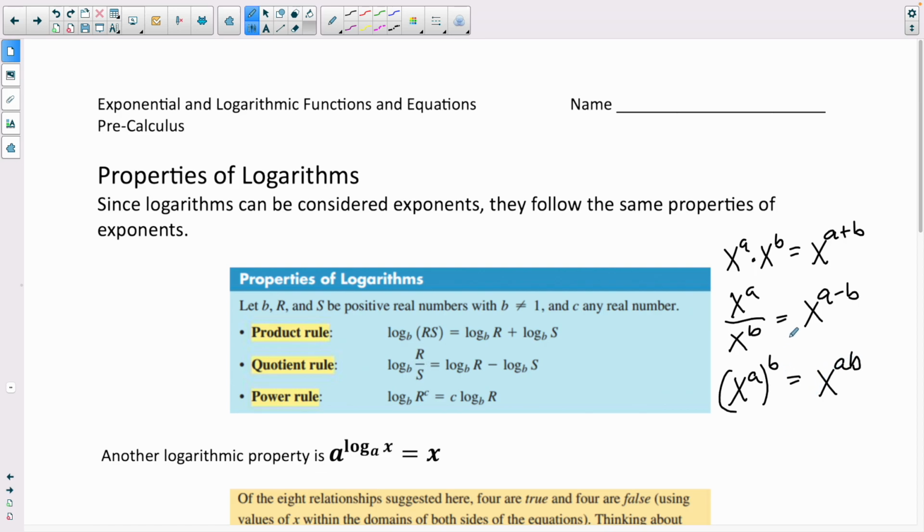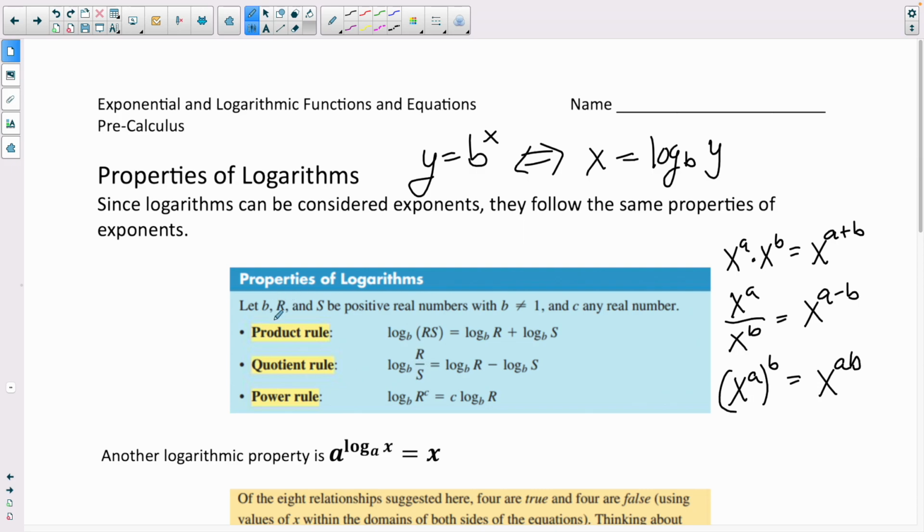And so since a logarithm can be considered basically an exponent, right? Going back to the fact that y equals b to the x, we can rewrite this as x equals log base b of y. These rules apply, right?